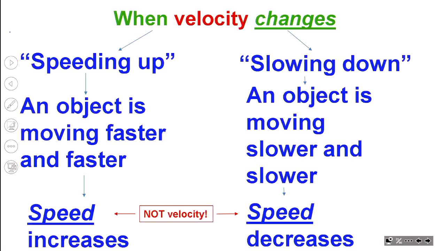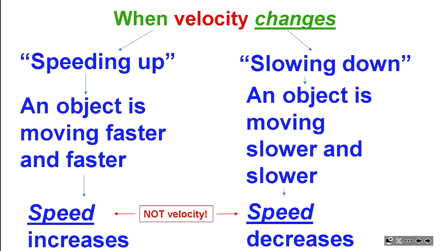Okay, when velocity changes, first of all, terminology. When we use these words, speeding up or slowing down, we don't talk about velocity. We talk about the speed. Speed is never negative. Speed is a positive number. That positive number might increase or decrease. And if speed increases, we call it speeding up.